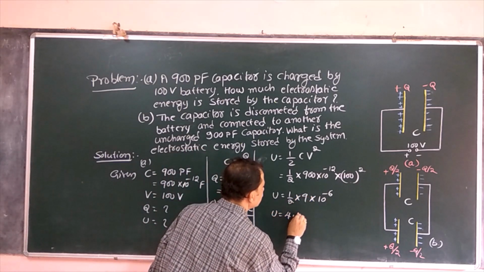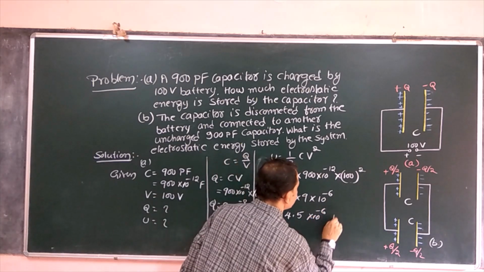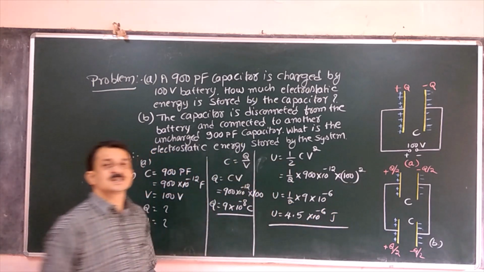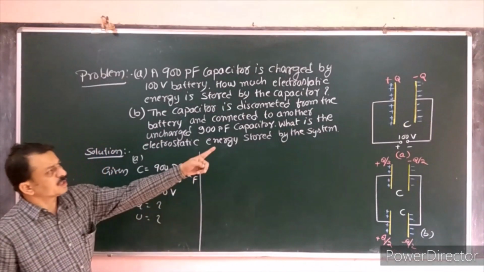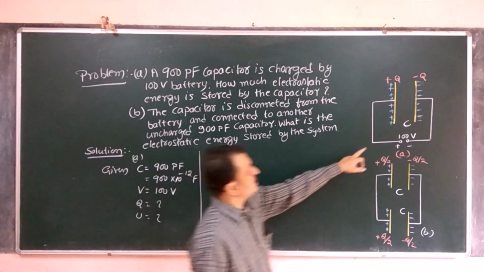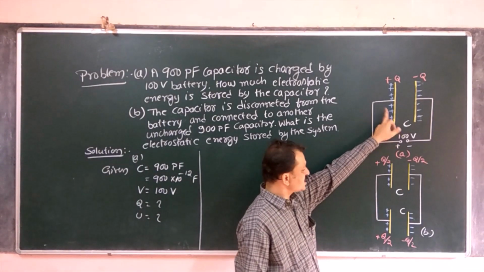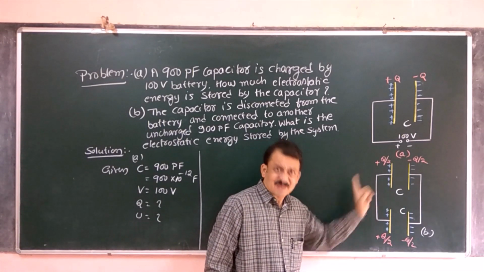Therefore it is 4.5 into 10 to the power of minus 6 joules. Now this much energy is stored in the capacitor. Now the battery is disconnected and this charged capacitor is connected to an uncharged identical capacitor.